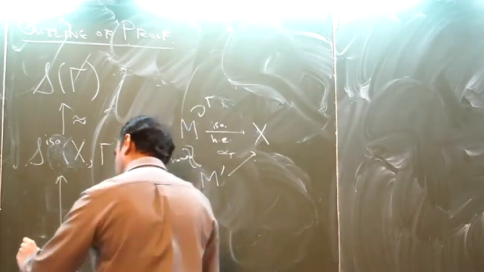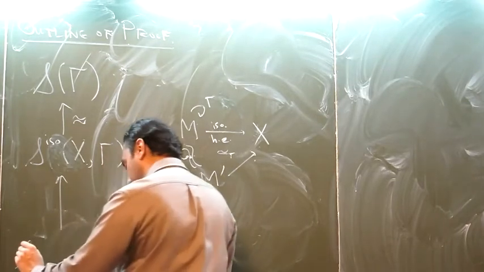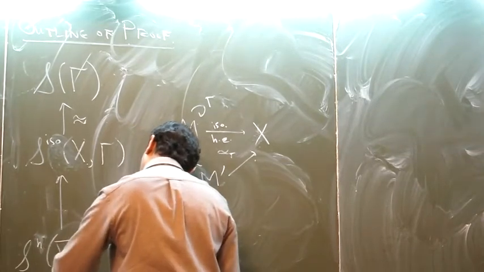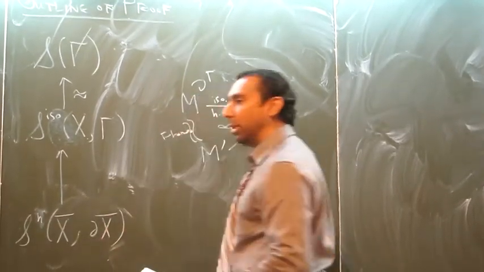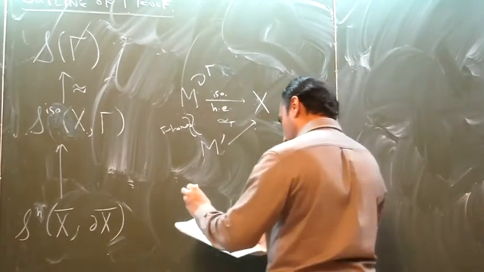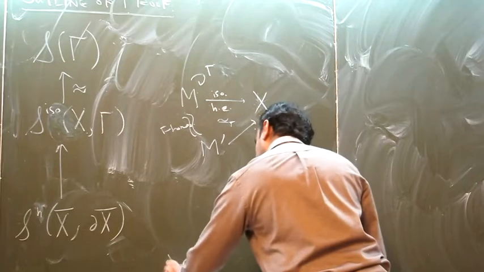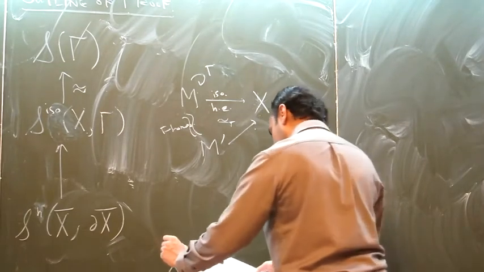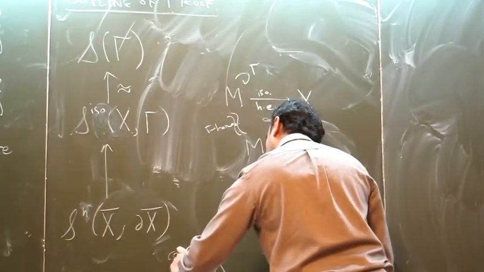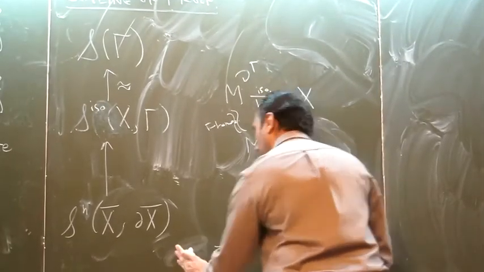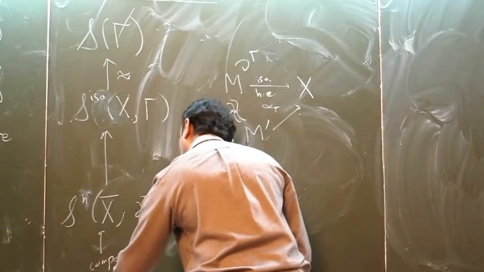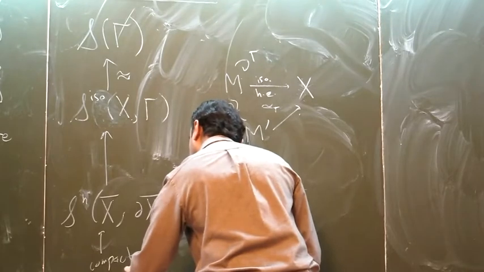Then we want to get rid of the gamma action, so we need to take a special type of quotient. Here, X bar is a compact manifold. I call it a manifold with boundary.